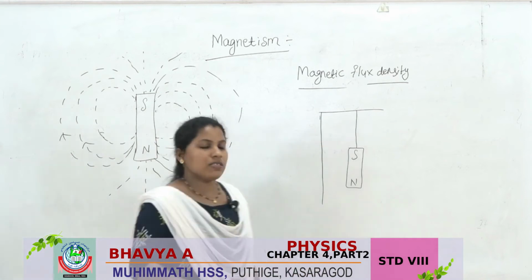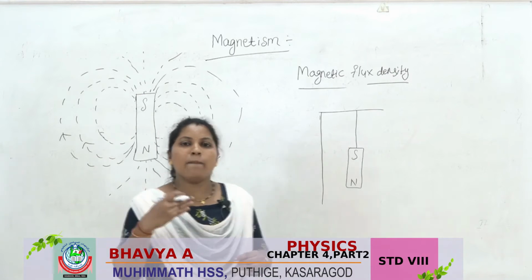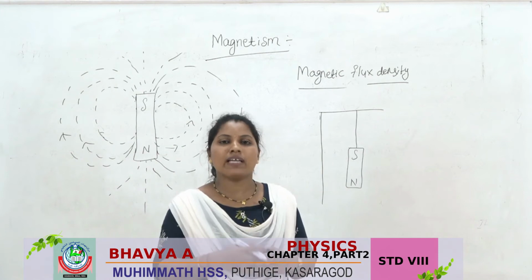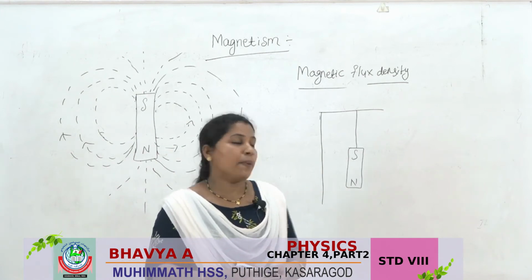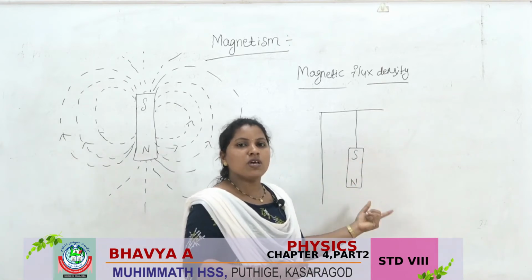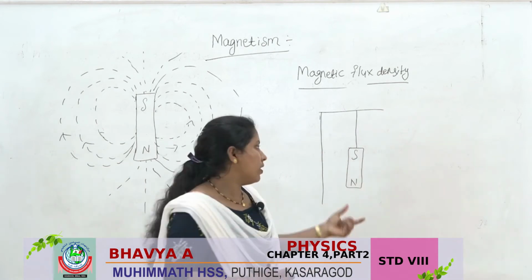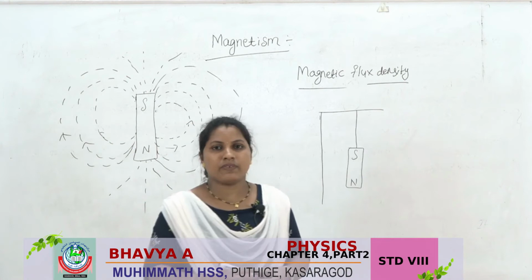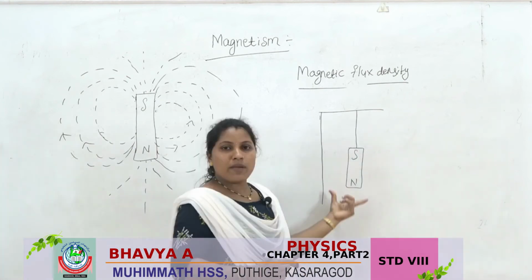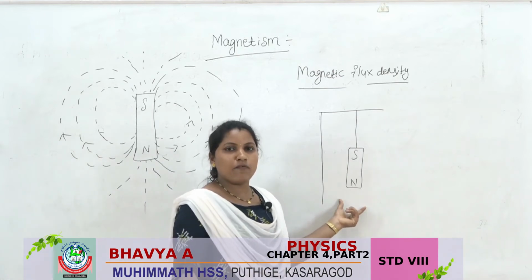What happens? The magnetic needle deflects. Why does it deflect? Because around the bar magnet we experience a magnetic force, so the magnetic needle deflects. Around a magnet we experience a magnetic force, and that force is called a magnetic field.